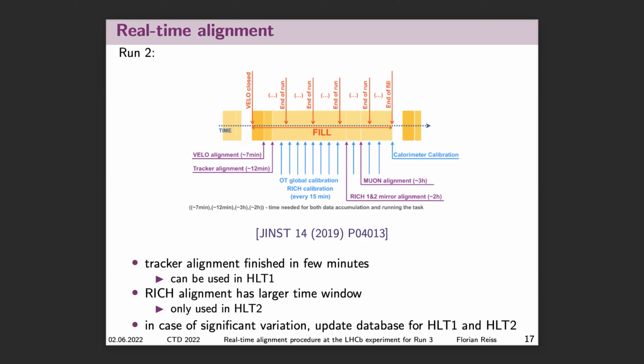But it's okay since we have the buffer, and we can then execute HLT2 with those updated RICH alignments after it's finished. The alignment checks if the variation in the constants is actually significant, and the constants are only updated in the database if they exceed some threshold which we have to define.